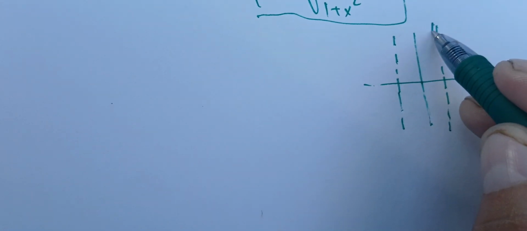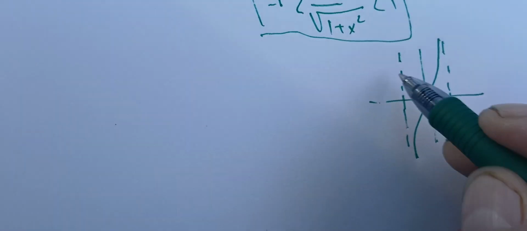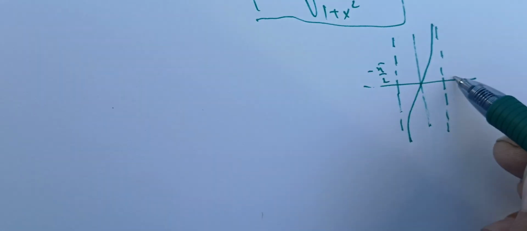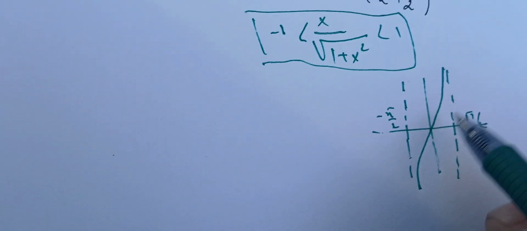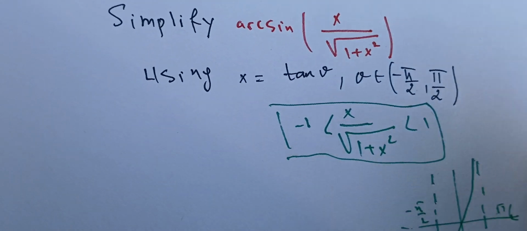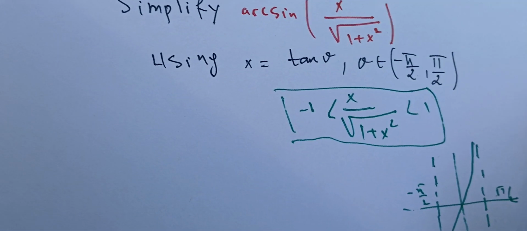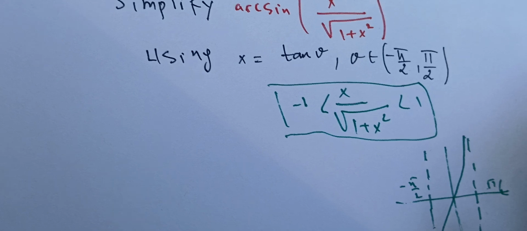So as theta runs between -pi/2 and pi/2, tangent theta will run the whole set of real numbers.